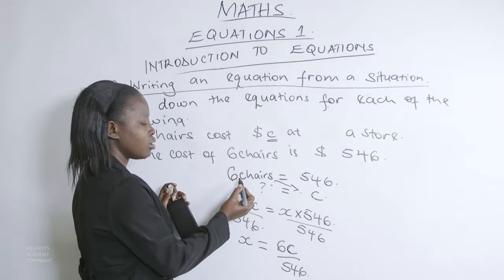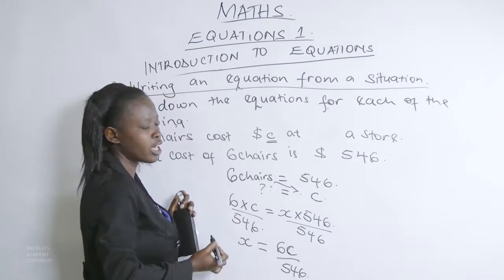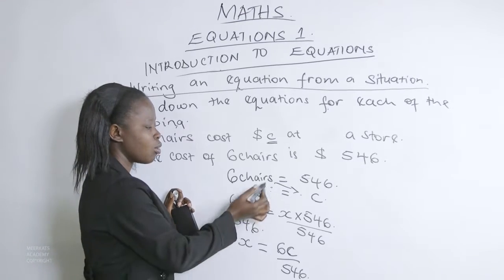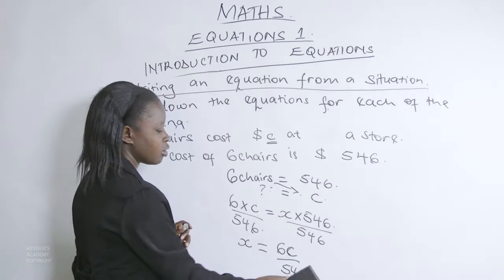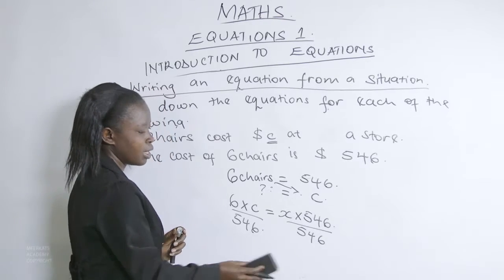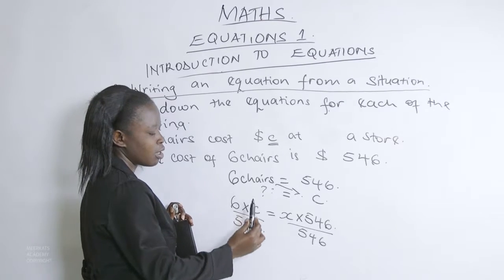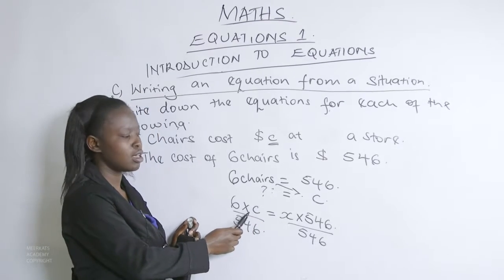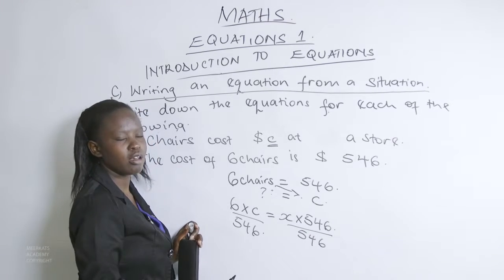So if I have 6 times C, it will be equal to the number of chairs that we do not know, X, times 546. So 6 times C is equal to X times 546.